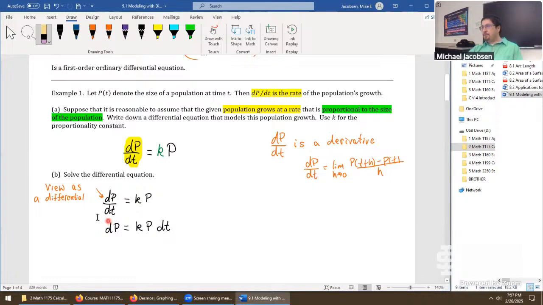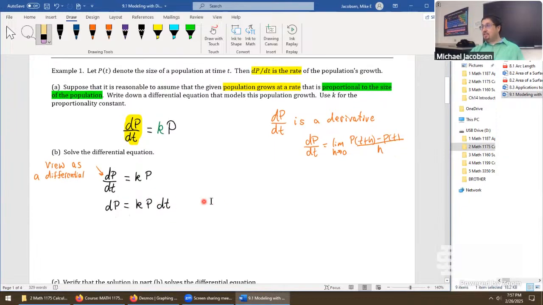For example, I don't want to integrate the left and the right at this stage, because if I attempt to integrate the right-hand side, I have a mismatch on variables. P should go to the left of dp, so that if I integrate something involving dp, it should only involve variable p itself. So next step is to separate out variables. Let's say it on this line.